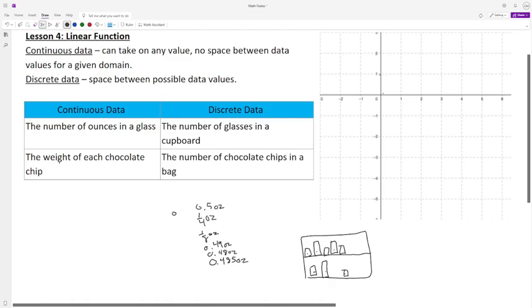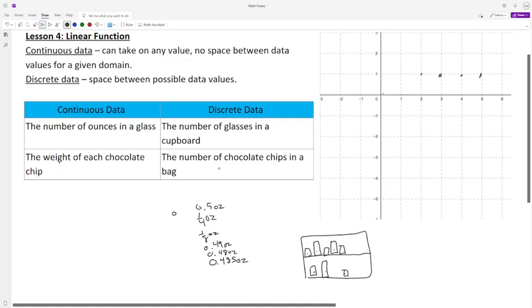So we could say that in one cupboard there are 3 glasses, or 5 glasses, or 4 glasses, or 2 glasses. Whatever that number is, we can draw discrete points, a non-continuous line, because we can have 2 glasses or 3 glasses or 4 glasses. We can have a whole number of glasses, but we can't have a half glass or a quarter glass. If we have a cup or a glass, we have a whole number of those values.